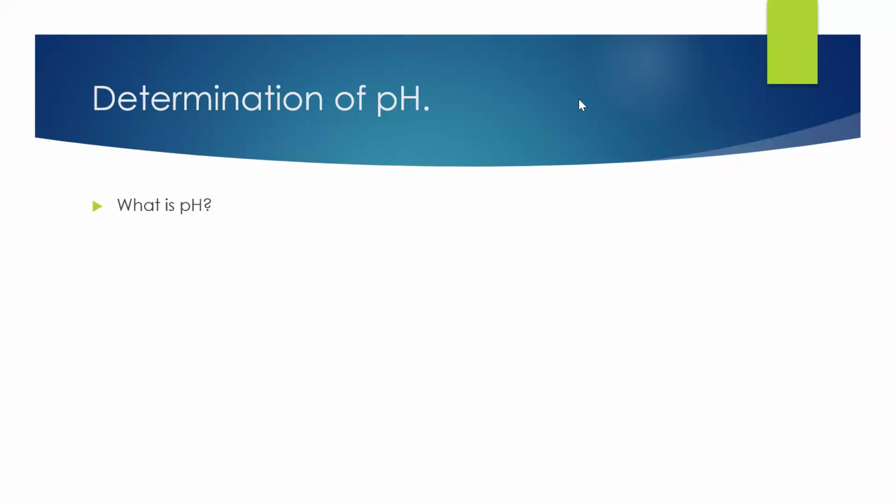Okay, thank you. Edina? pH is a measure of the acidity or alkalinity of a solution, equal to the common logarithm of the reciprocal of the concentration of hydrogen ions in moles per cubic decimeter of a solution.